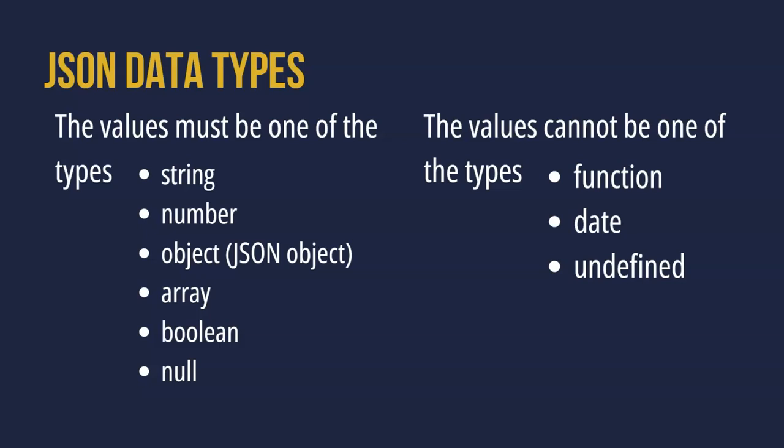Also numbers, which can be integers, negative numbers, floating point numbers, or scientific notation numbers. It can hold booleans like true or false values, right? Arrays, like a collection of strings or numbers, or a collection of objects. It can also have objects, even objects inside objects, and it can have null, right? The types that cannot be a value are functions, a date, or undefined.